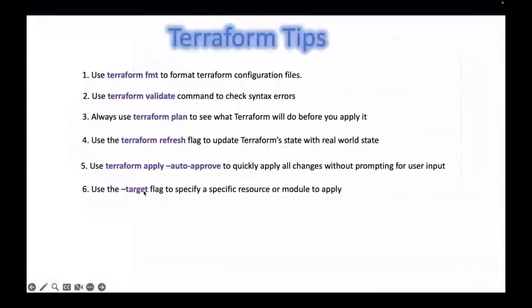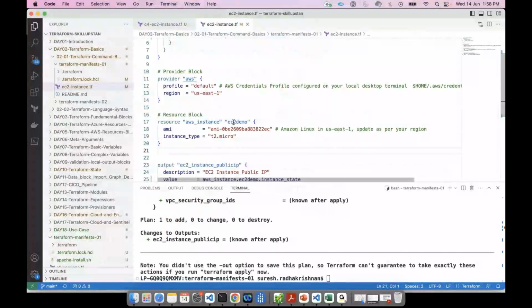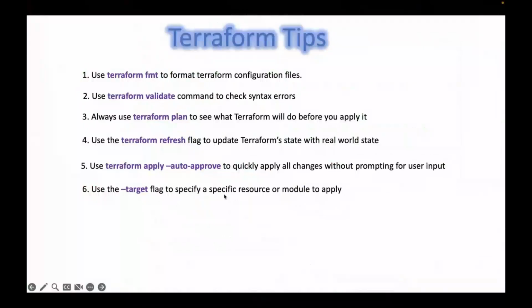Here you can specify this aws_instance.ec2_demo. Then only this particular block will get executed. The same thing applies for modules as well. Suppose you have written some modules and you are using those modules in your Terraform code, you can specify the module name after the target flag. Then only that particular module will get executed instead of all the resource blocks and module blocks.